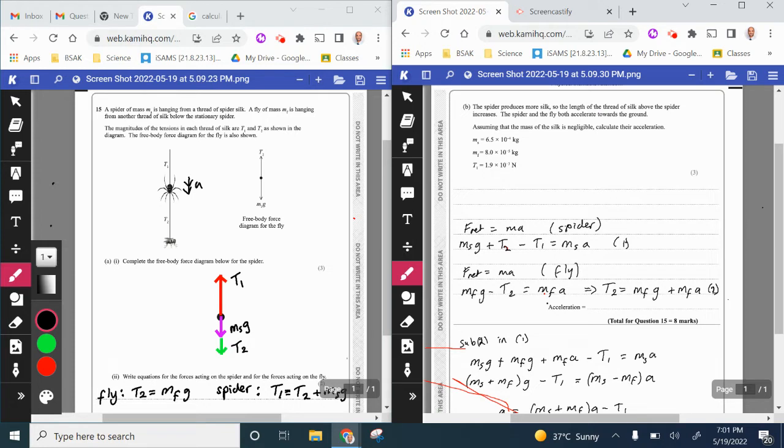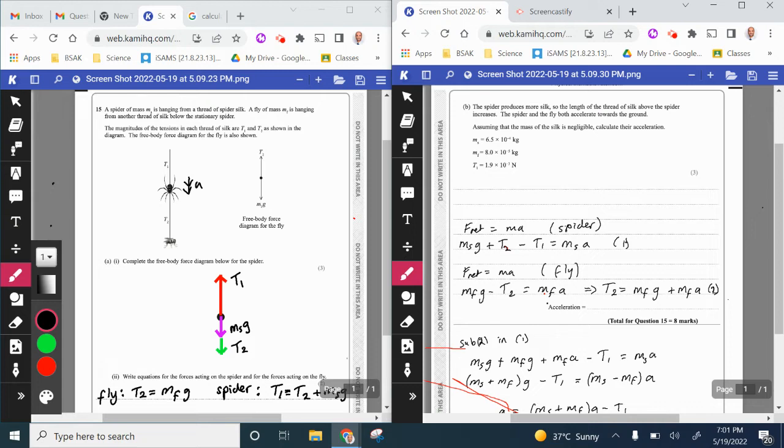Now, the net force is acting in the downwards direction because it's accelerating in the downwards direction. So for the spider, we know that these are the forces acting on it. When the spider is accelerating downwards, we know that the sum of these two forces must be bigger than the force acting against it.